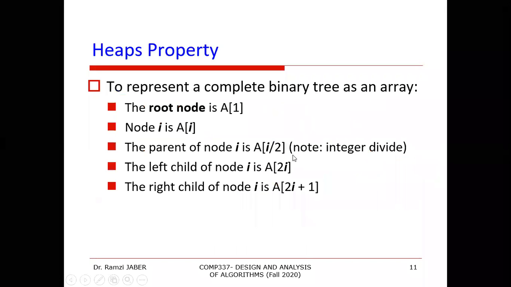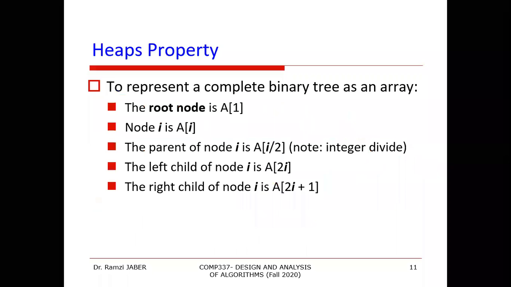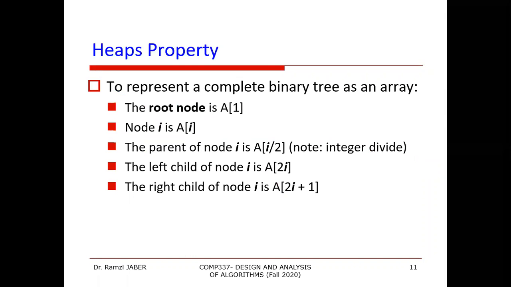Okay? So if we have these properties, we can call it a complete binary tree. Else, it's not a heap binary tree. If any one is wrong, then it's not.